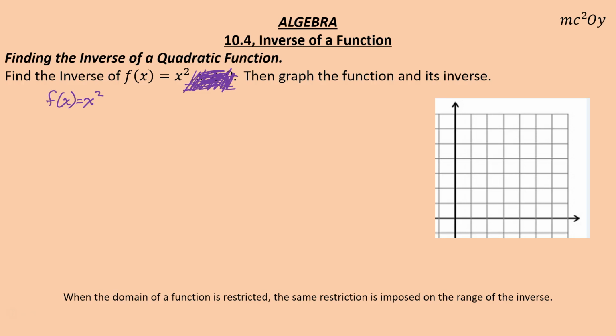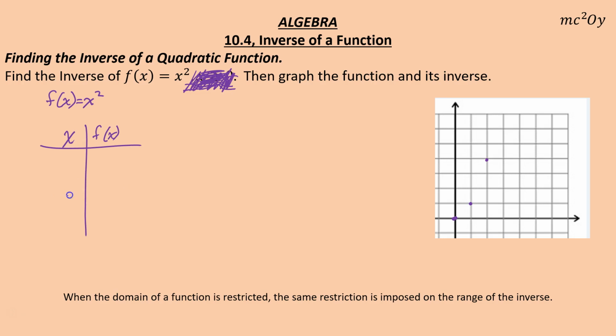So f of x equals x squared. Hopefully you know by now, if I wanted to graph x squared, I could say that's (0, 0), (1, 1), (2, 4). If you cannot do that, then you need to create a table of values, x and f of x, and start plugging in values. Hopefully you know how to find the vertex, because that's your starting point.